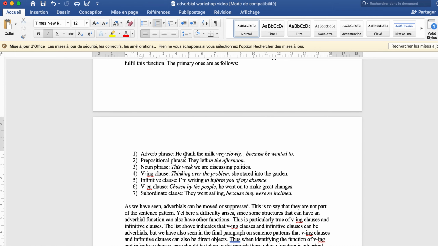Hopefully you can understand what I'm doing. So I can move it and it works. On Wednesday, I would prefer a comma there. It's not that rare. On Wednesday, he drank the milk very slowly, comma, because he wanted to. And ta-da, we can move it around and there's no problem.